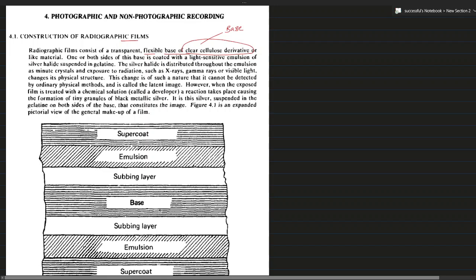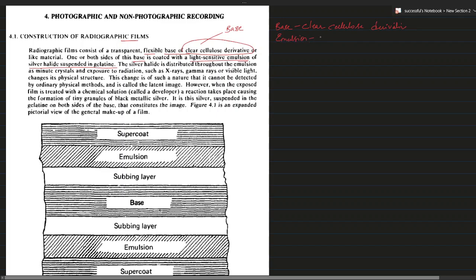One or both sides of this base is coated with light sensitive emulsion. Emulsion is a mixture of silver halide suspended in gelatin. What they said: the base is clear cellulose derivative, right? And they have emulsion.